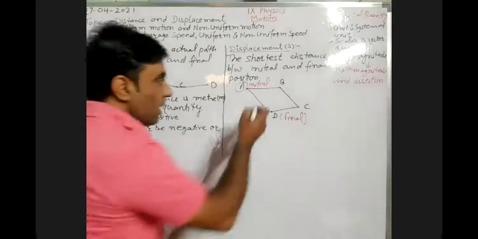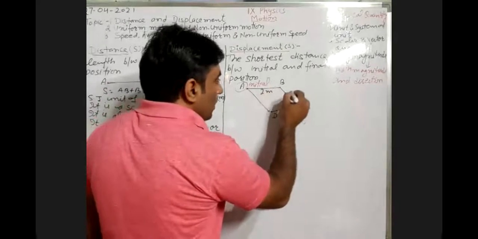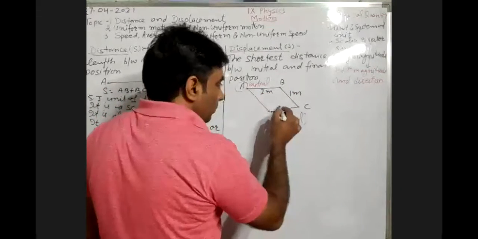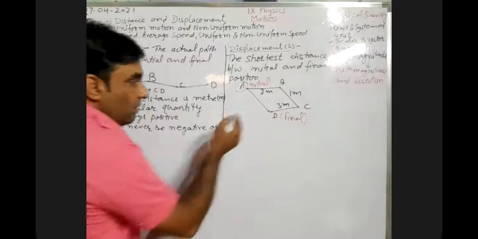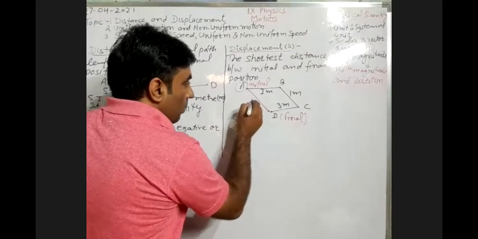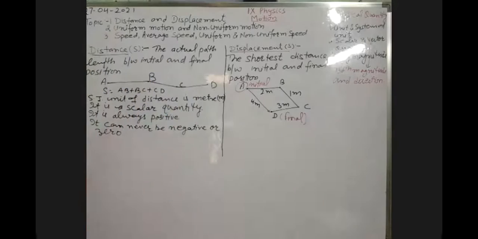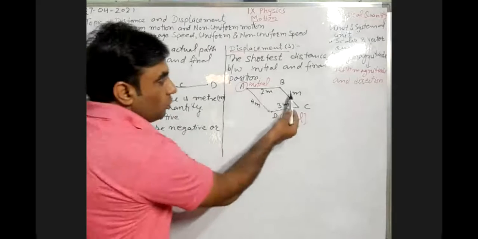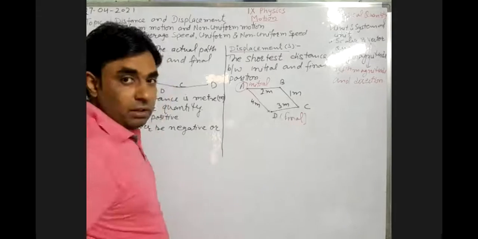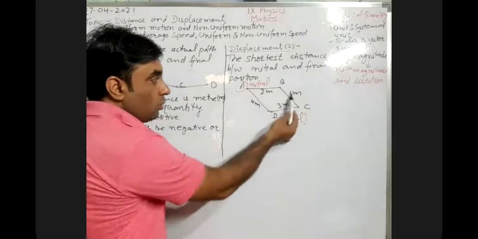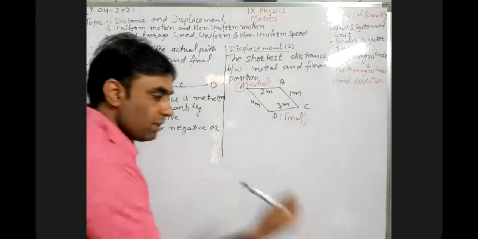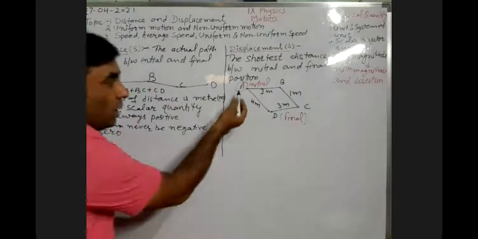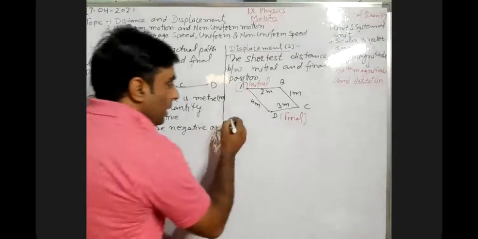So let's take an example. This is 2 meter, this is 1 meter, and this is say another 3 meter. And this is 4 meter. AD is 4 meter. So what is the distance? Distance is 2 plus 1 plus 3, which means AB plus BC plus CD. And what about the displacement?